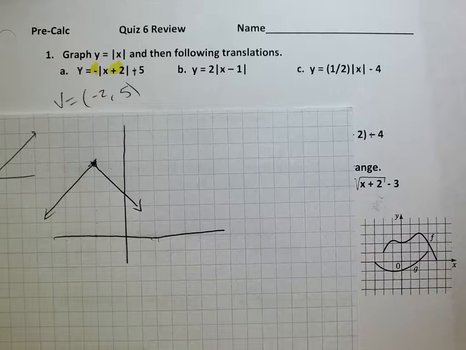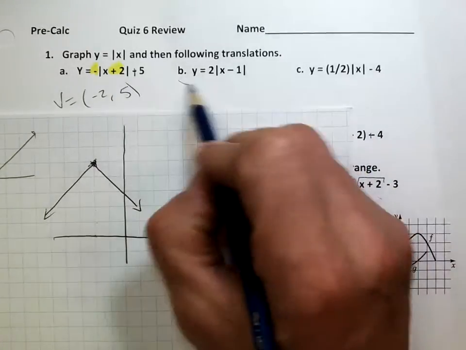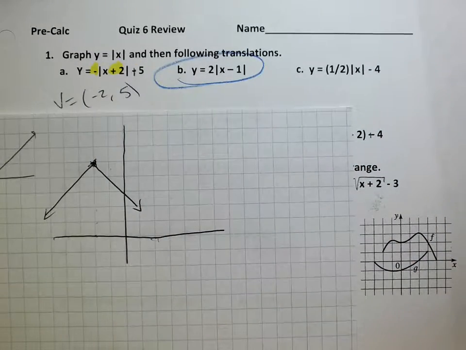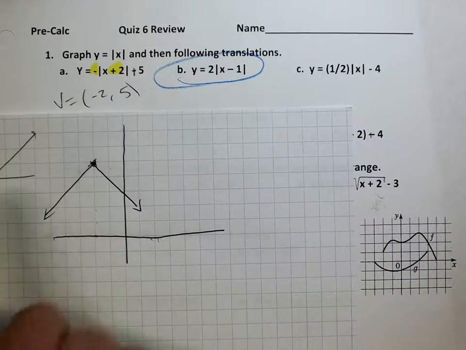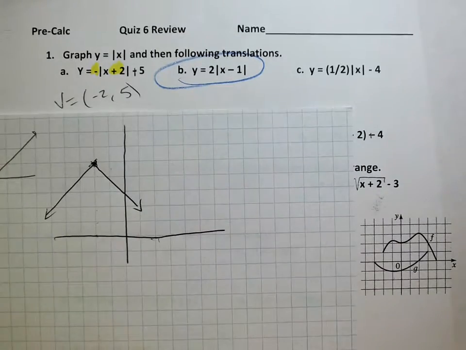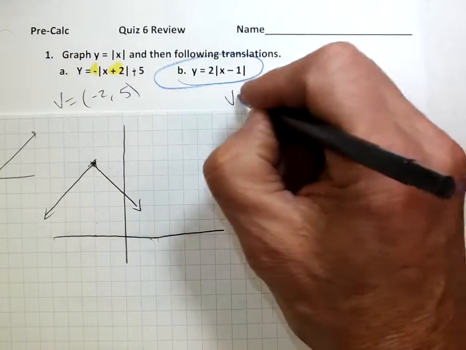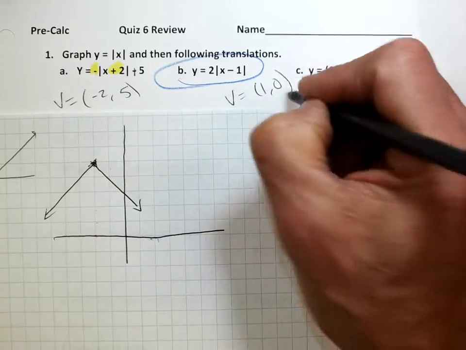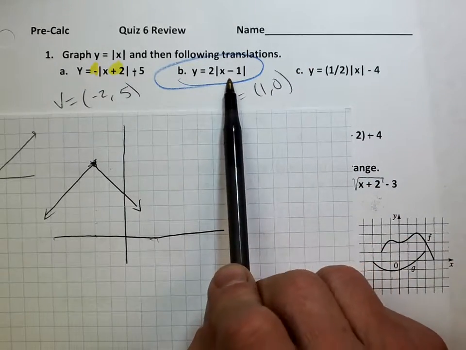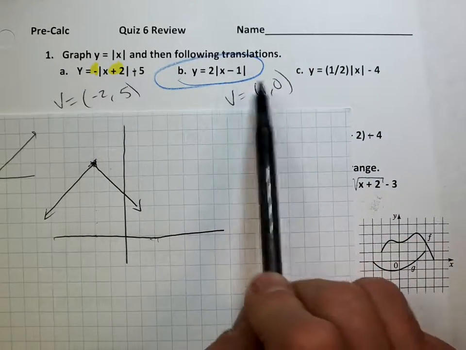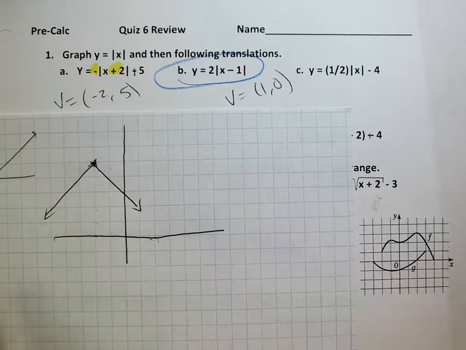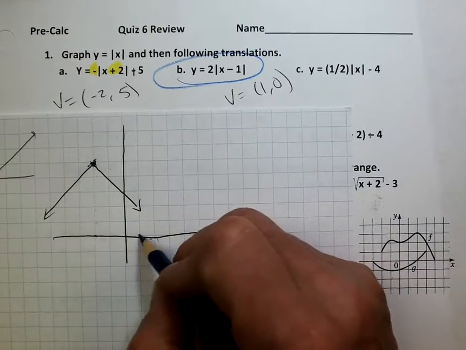To do B, I'll do B in blue. Same parent function, except the vertex of this one is going to be at 1, 0. Opposite of the inside, so the vertex is at +1, 0. So let's go to 1, 0, right there.